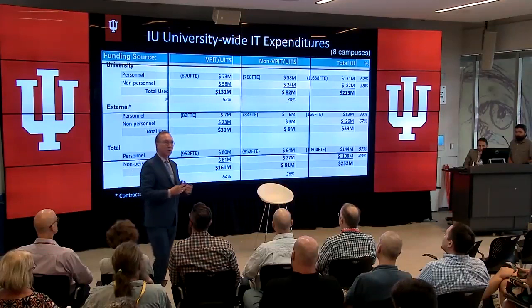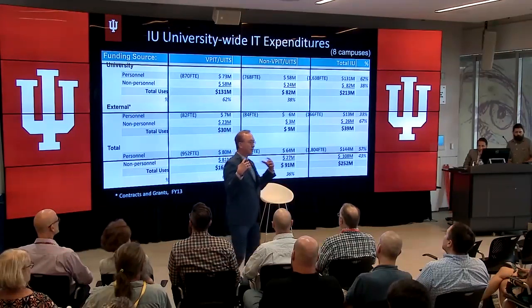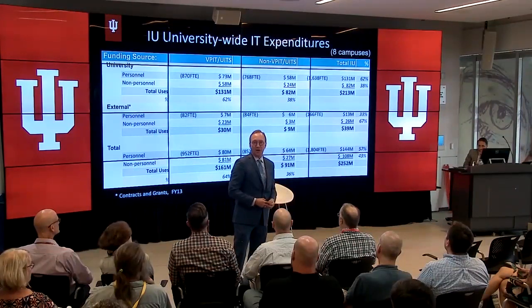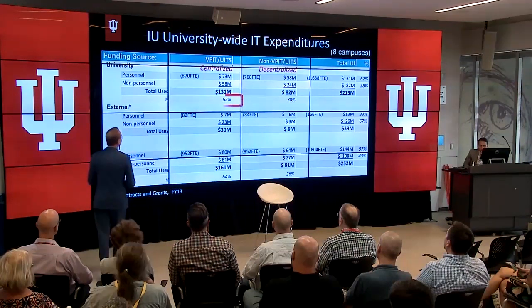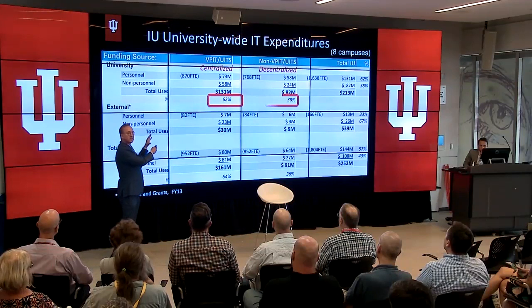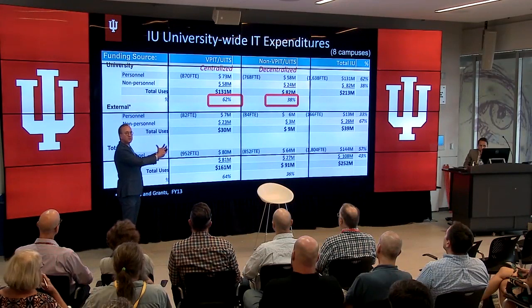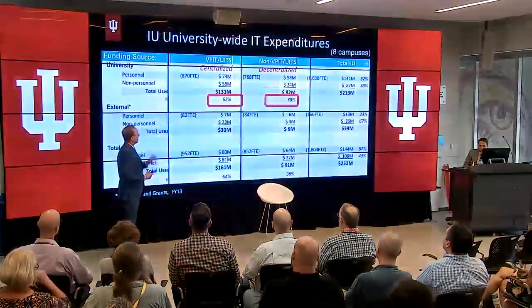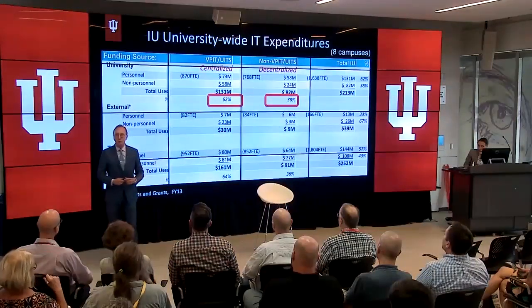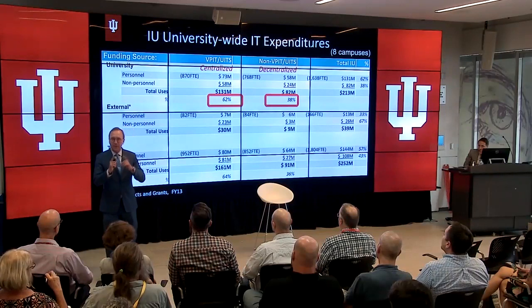So they said, well, you know, you're really perceived to be a super centralized IT shop. And then I said, well, you know, we're really not. When you look more carefully, it's about 62%, about 2/3 is spent with our shop. And about 1/3 is spent at schools and departments. And I think that's right.